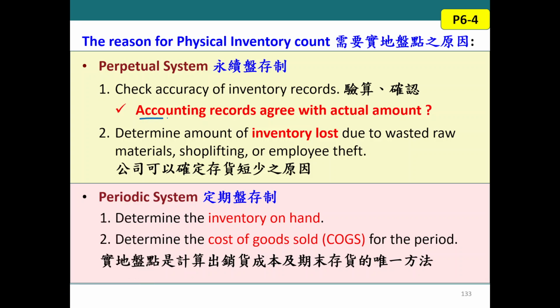After you do the double check, you can find out maybe someone stole our inventory, maybe not, and we note the whole situation. So that's the reason we do the physical count for perpetual. You should understand that for both methods we take a physical count based on different reasons. Any questions?